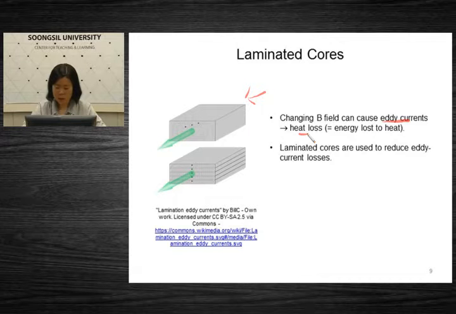What they do is this: they create cores with very thin slabs, and each slab is laminated. Then eddy current cannot move to the next slab. So that means the size of the eddy current will become small. In this way, we can reduce the losses coming from eddy current. So we use laminated cores.